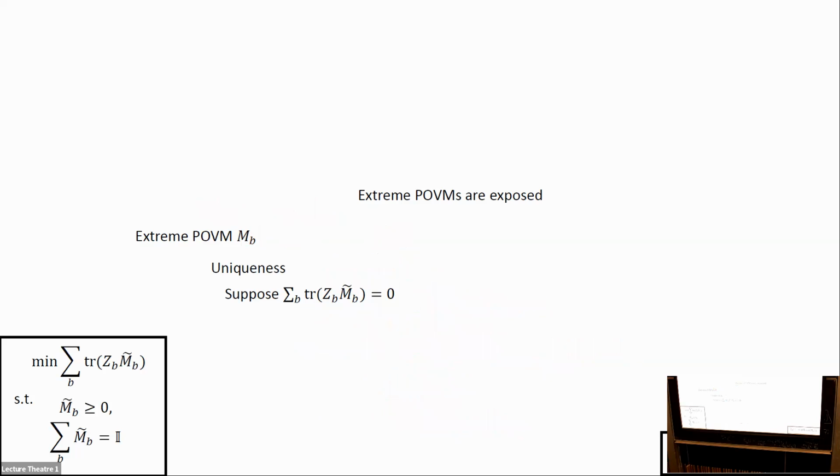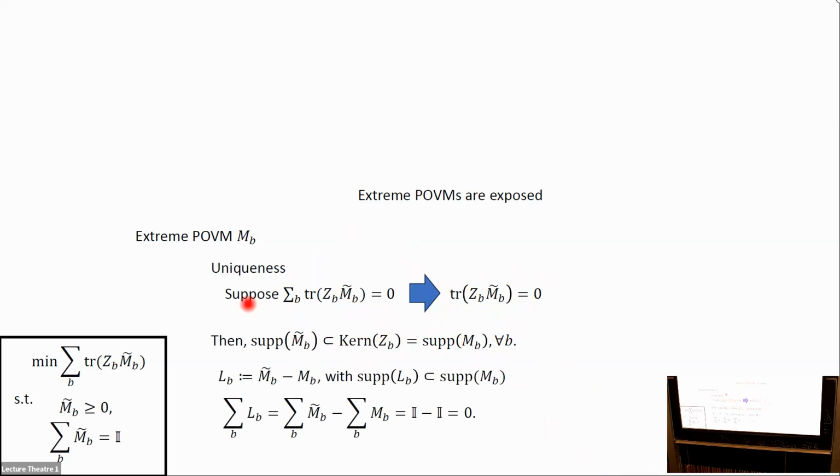It's unique because if you assume that you have another POVM that has the same value, then because of positivity, each of these traces is equal to 0, which implies that the support of this thing lives in the kernel of the set B, but because of the way I defined it, this is the support of M_b. Now I define this matrix: I take the POVM that we're testing against the one that I know is optimal.